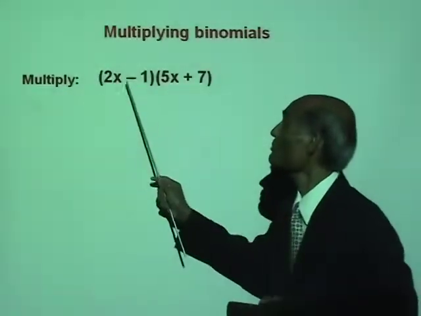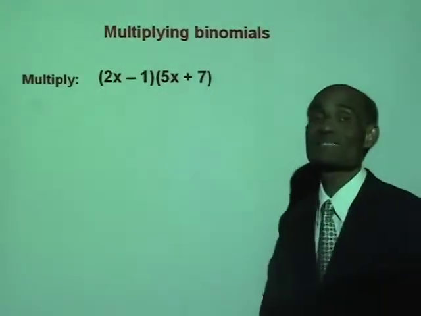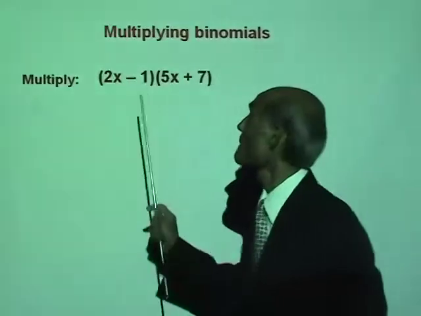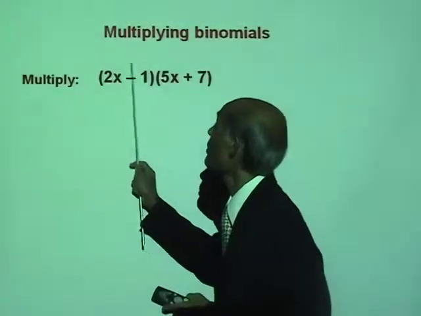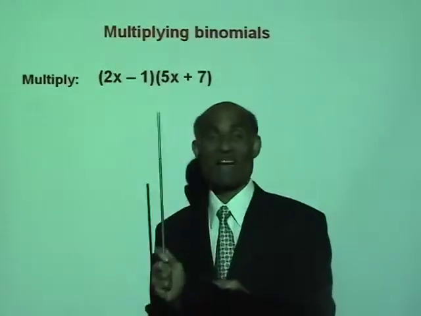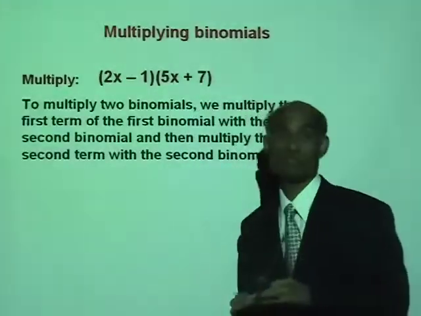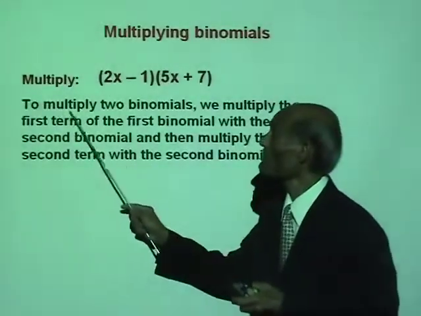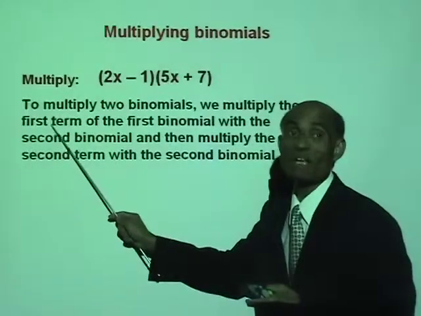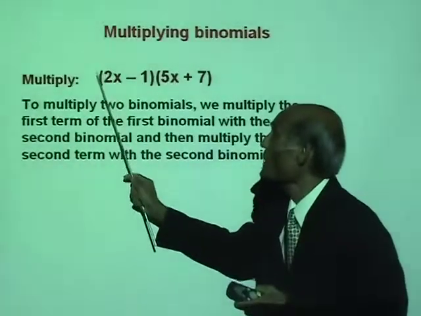Multiply 2x minus 1 times 5x plus 7. There are 2 binomials here. This is the first binomial and this is the second binomial. Now how do we multiply those 2? Now look at the method we are going to use. To multiply 2 binomials, we multiply the first term of the first binomial. Look at it.